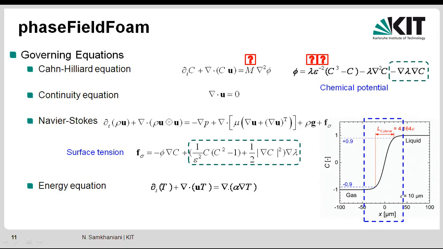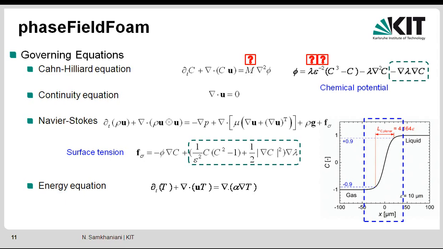Beside the Cahn-Hilliard equation, we solve the continuity equation and the Navier-Stokes equation, and as heat transfer is important here for us, we solve the energy equation. For this study, we consider all the thermophysical properties constant except for the surface tension. The surface tension is dependent on temperature.